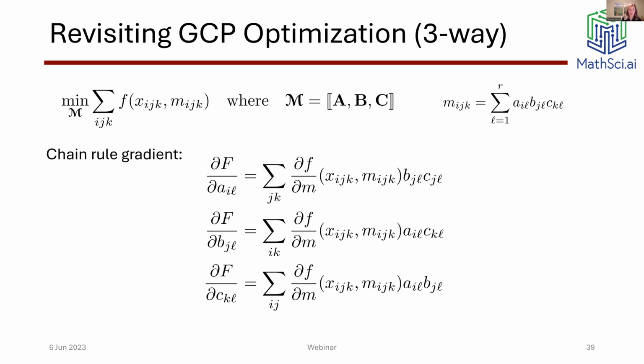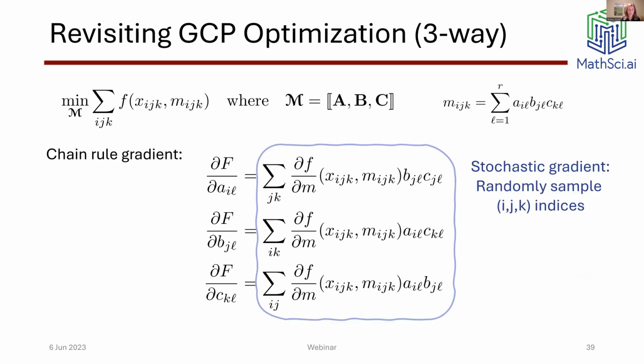If we look back at that gradient formula, the summation already tells us that it's probably good for stochastic gradient descent. We can randomly sample across these IJK entries and still compute a gradient, and it's much more efficient to compute the gradient this way. I won't go into the details now, but it's more efficient.